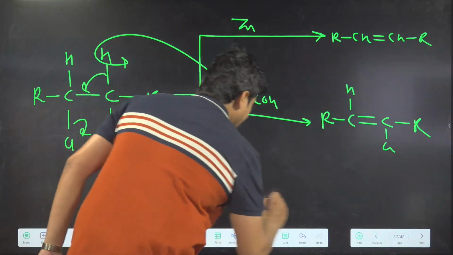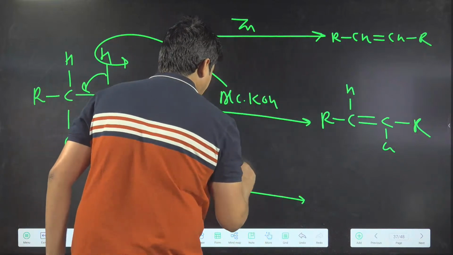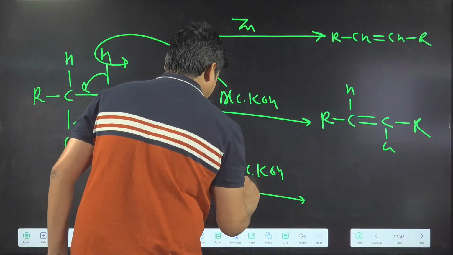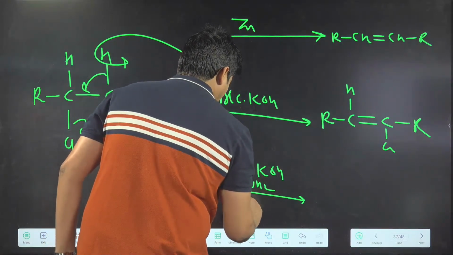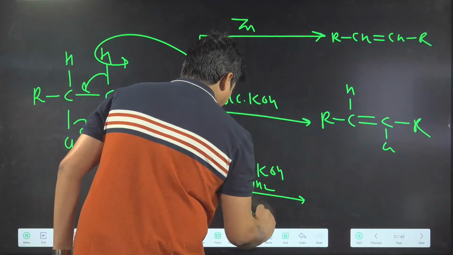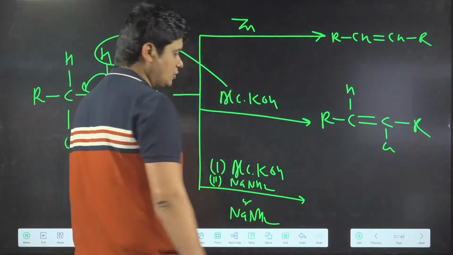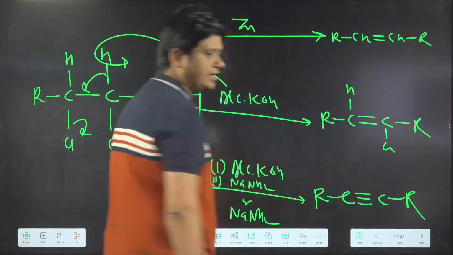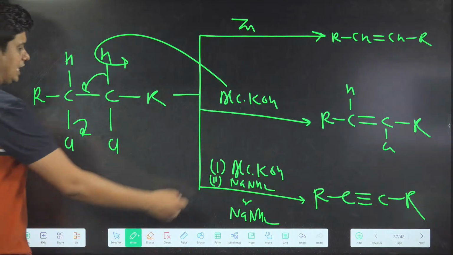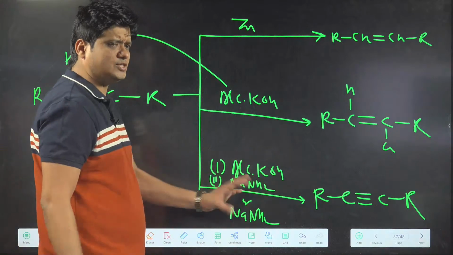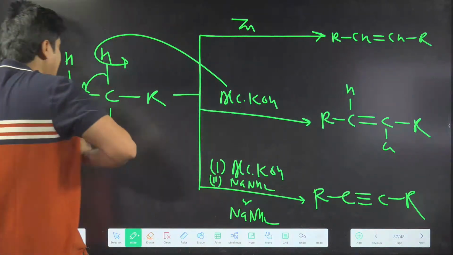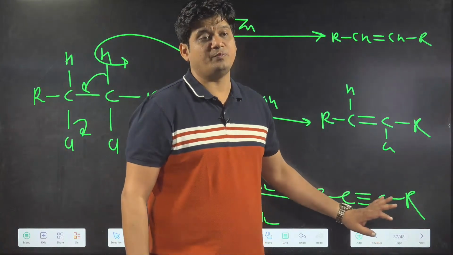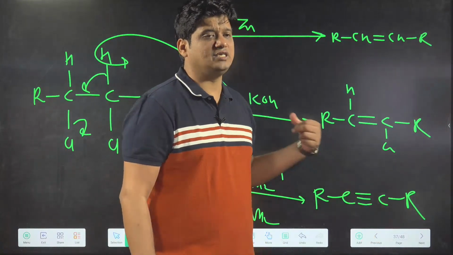So now if it is taken like this, alcoholic KOH followed by the addition of sodamide, or directly sodamide is taken. What will happen? Vicinal dihalide will give you alkyne. This is the way to prepare alkyne from vicinal dihalide.